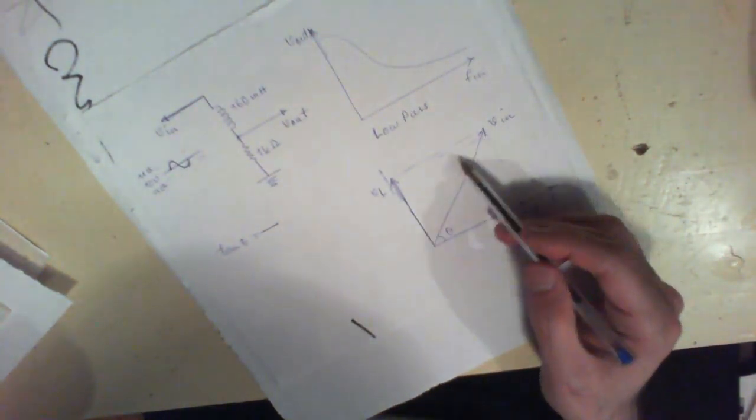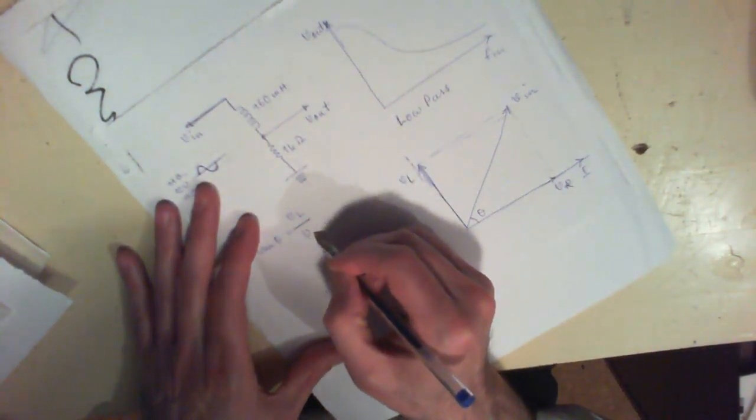So tan of theta is equal to V of L to V of R.